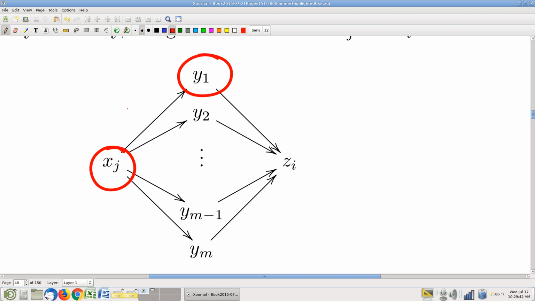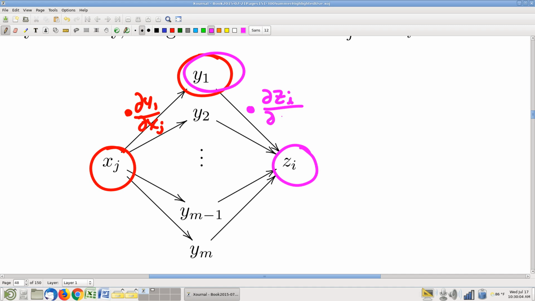So I'm going to say multiplication by partial of y1 with respect to xj. And now, next question, what is the relationship between changes in y1 and changes in zi? Well, it's multiplication by partial of zi with respect to y1.